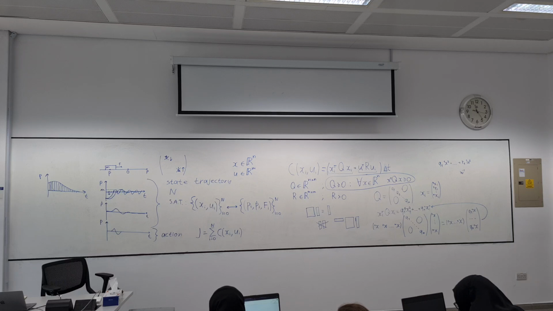Okay, let's talk about U first. In our case, we just use a single control input. We can apply a force, so R would be R1, R2. This will depend on the force, this is the cost for the force.